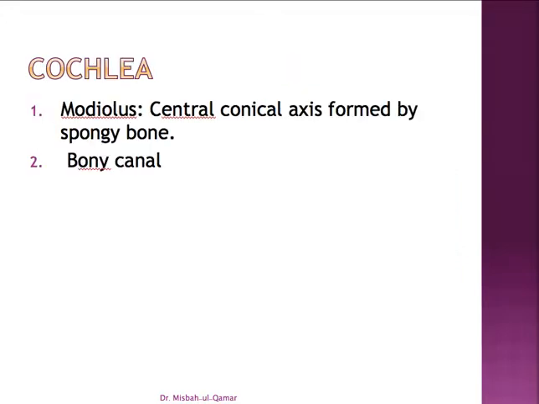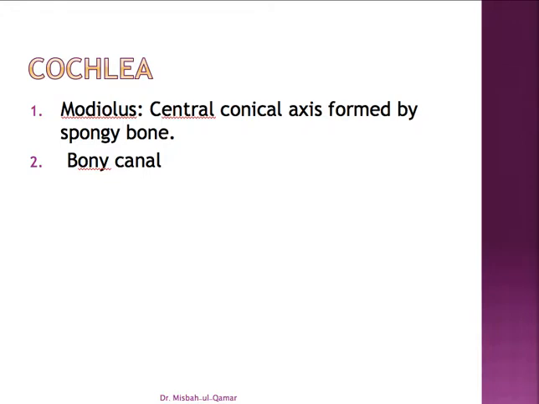The cochlea itself consists of two structures, modiolus and a bony canal. This bony canal winds around the modiolus. And what is modiolus? Modiolus basically is the central axis, and this axis is in the form of a cone, a cone which is formed by the spongy bone, right?